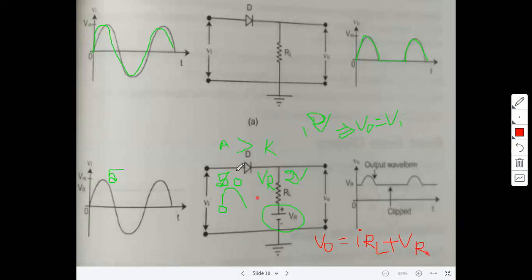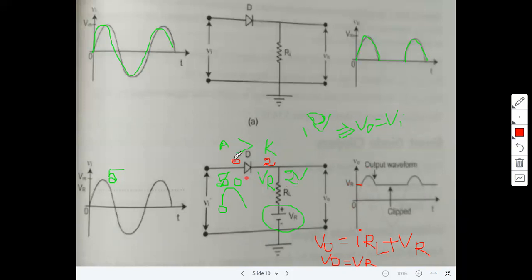When the input is 0 volts, the anode voltage is 0 and the cathode voltage is 2 volts, so the diode is off. When the current is equal to 0, V0 is equal to VR only, because I is equal to 0. So directly observe the output waveform: when the input is 0 itself, the output is equal to VR only.